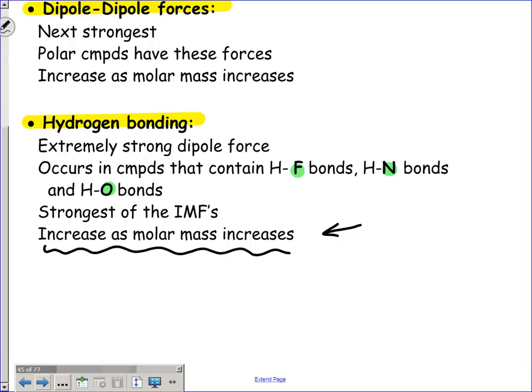So write that up here, wherever you have your details of your hydrogen bonding. That means you have to add up masses and compare them.